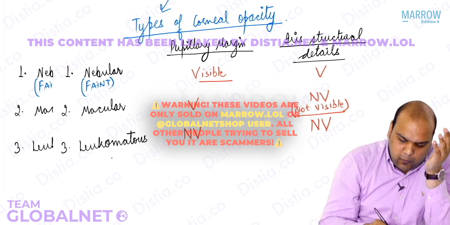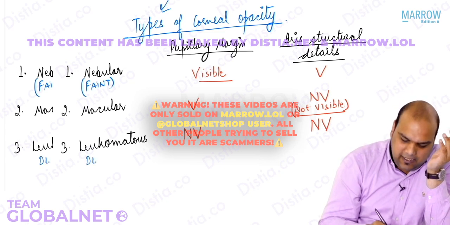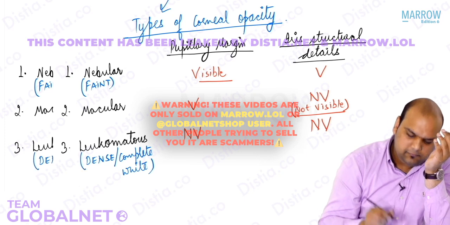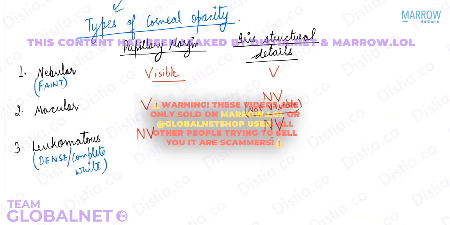But if I talk about leukomatous, leukomatous is a very dense opacity. Complete white opacity. That means it will allow nothing to be visible behind it. Behind the patch of opacity, neither will you be able to see the pupillary margin, nor will you be able to see the iris details.